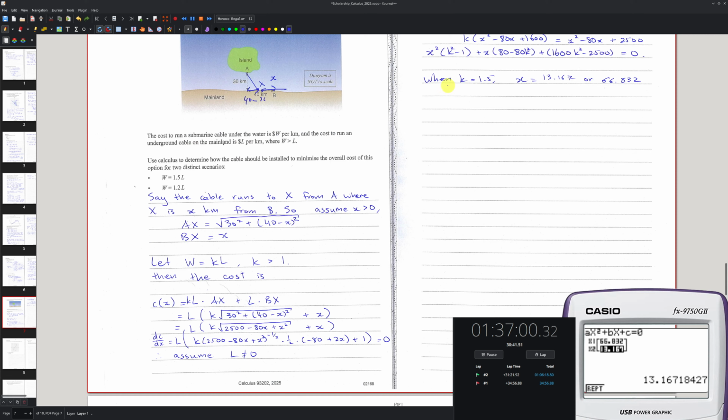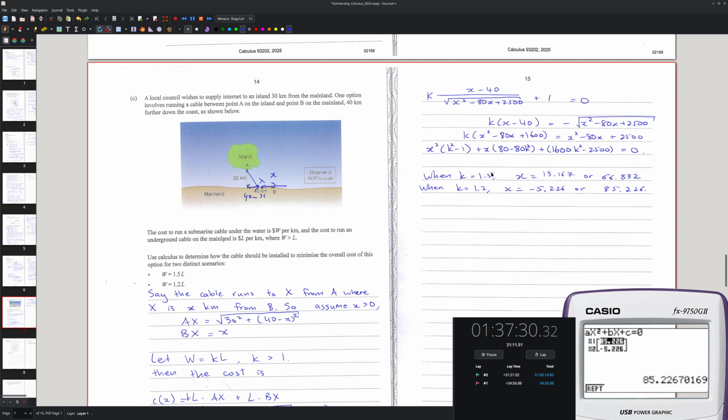So when k equals 1.2, x equals negative 5.226 or 85.226.